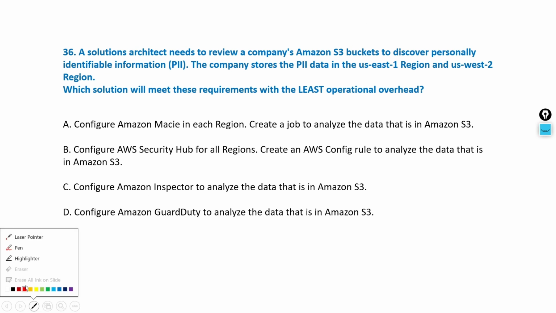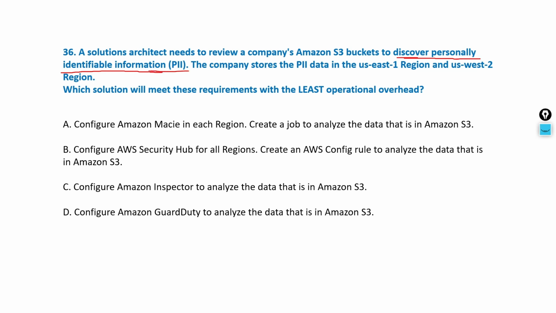See, they clearly asked about discovering personally identifiable information. So this is sensitive information, you can say. PII is sensitive information, like banking or financial information, that we do not store.